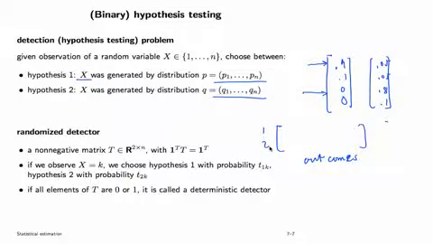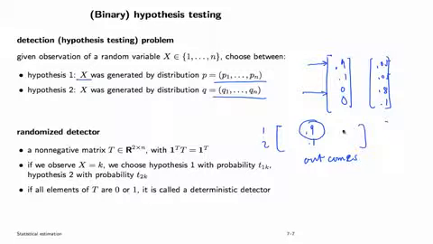Each column tells you what you should do when the outcome is, say, capital X equals 4. So you might have 0.9 and 0.1. That's pretty weird, because what it says is that when capital X equals 4, you're going to say, with probability 0.9, that it was generated from distribution 1, and with probability 0.1, that it was generated from distribution 2. We'll talk about why you might do this in a minute.